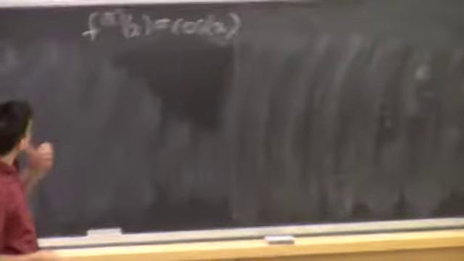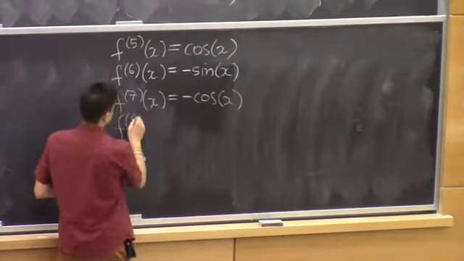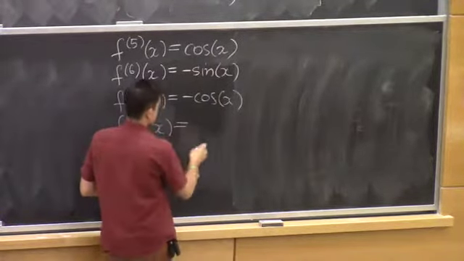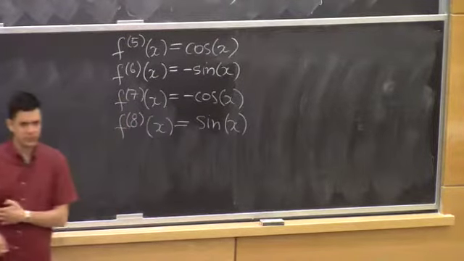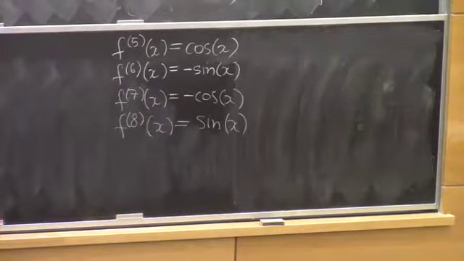Okay, so we start over, right? Once we take 4 derivatives, we're back at sine. So now we start the cycle again. Okay, now that's enough of that. So we've seen the cycle. It repeats every 4 terms.